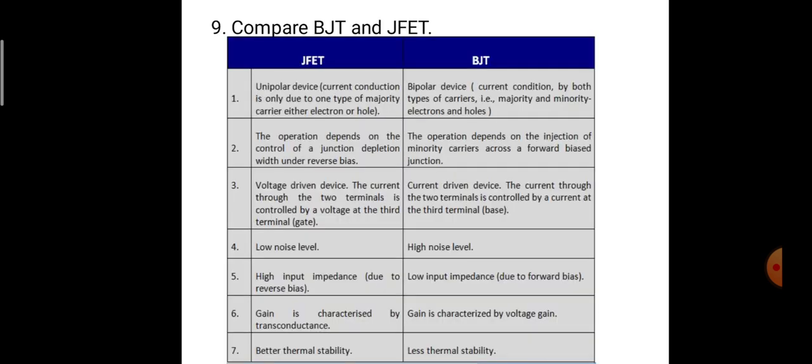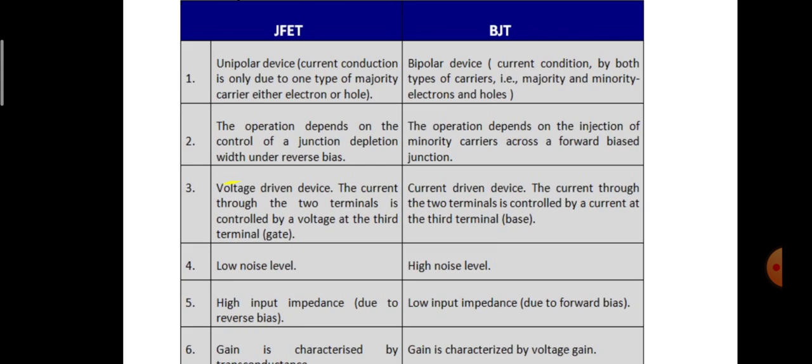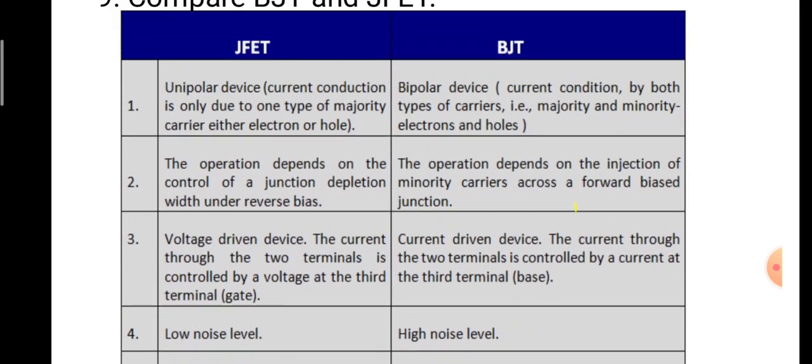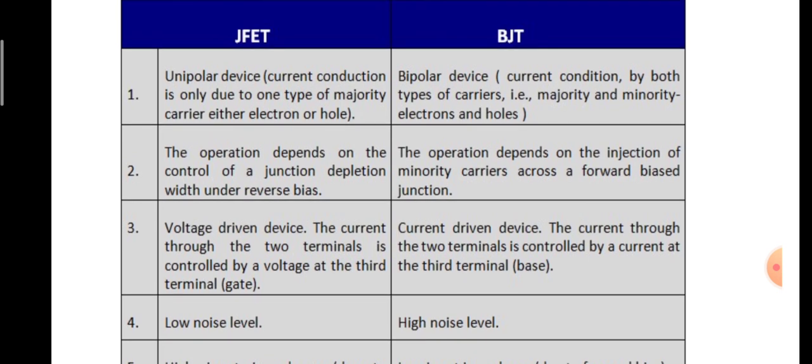Next question. Compare BJT and FET. The comparison between the JFET and BJT. JFET is a unipolar device. BJT is bipolar device. In JFET, the operation depends on the control of a junction depletion width under reverse bias.